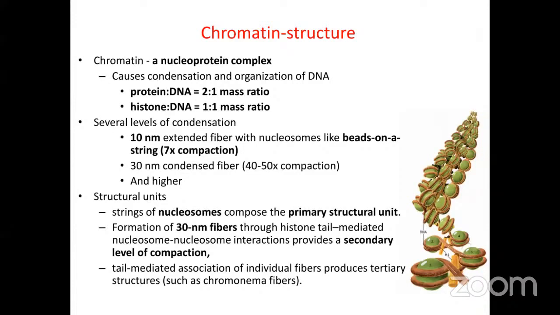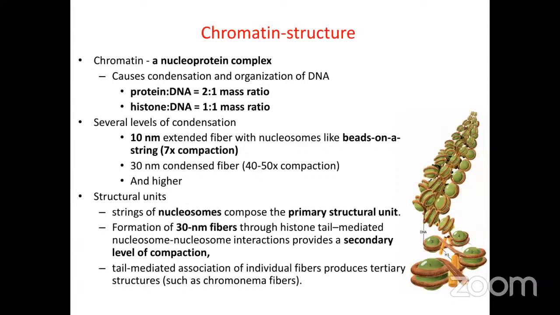These are arginine, histidine, and lysine, and they are positively charged amino acids. So in general, histones have a more positive charge, and in contrast, DNA is more negatively charged due to the phosphate group. That's why there is a tight interaction between histone proteins and DNA in chromatin, and that's why histone protein is associated with DNA, present in the ratio 1:1.